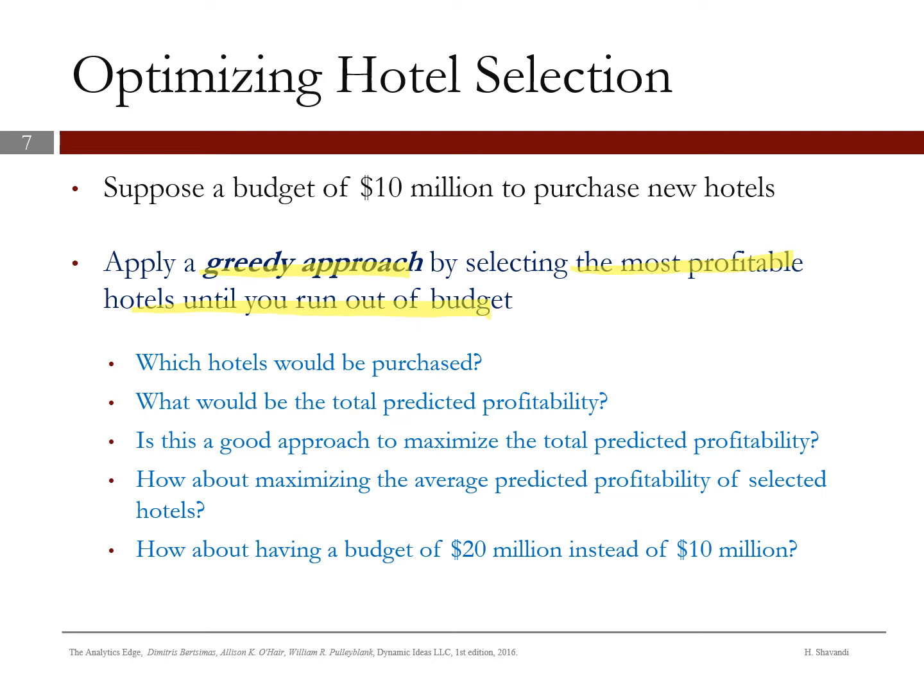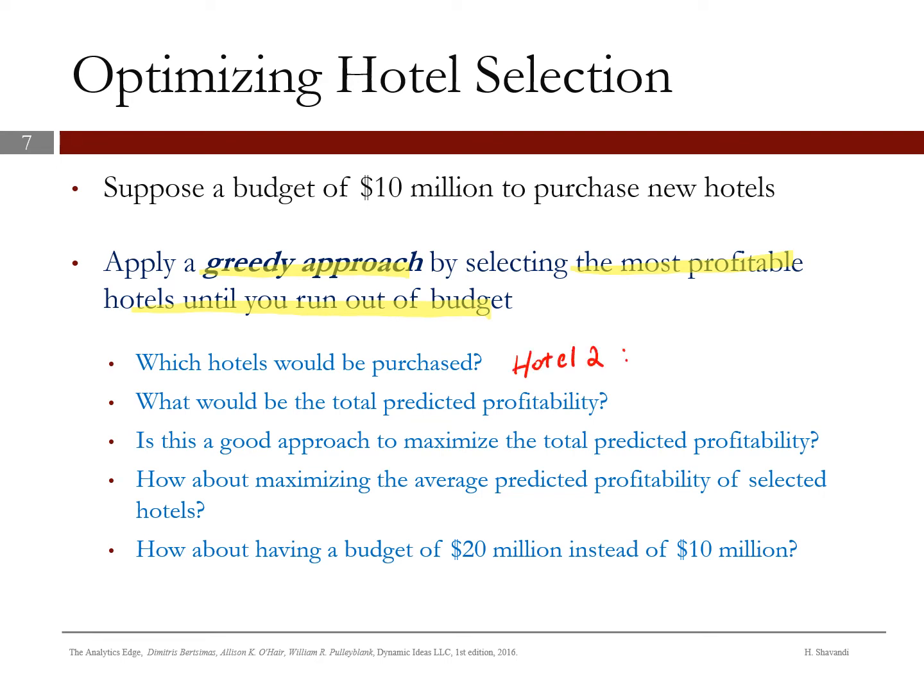So if we apply this approach, then we would start by selecting hotel 2 because that one has the highest profitability, and since its price is $10 million, we stop there. We run out of the budget. So by this approach, we just buy hotel 2, right?